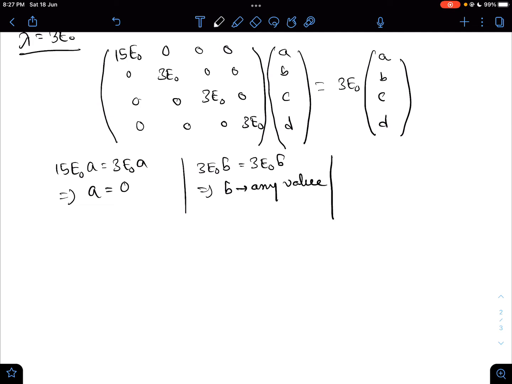From the third row, C also can take any value. And from the fourth, D also can take any value.